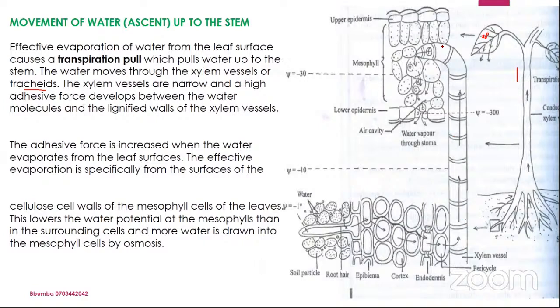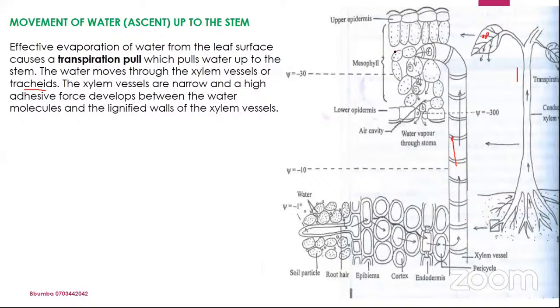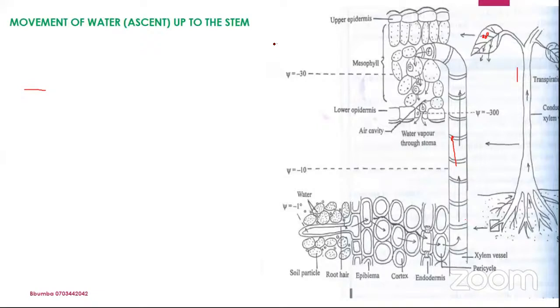For water to move up the xylem, there are forces which we call the transpirational pull. With transpiration there is a loss of water molecules from the leaf surface to the atmosphere.